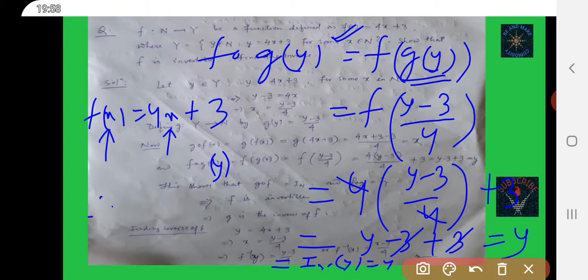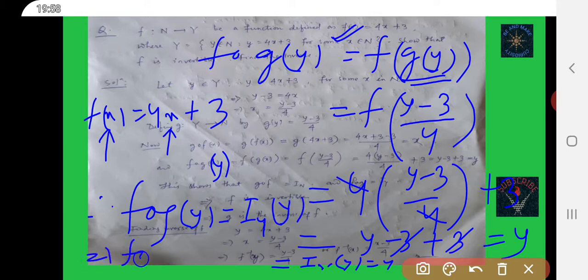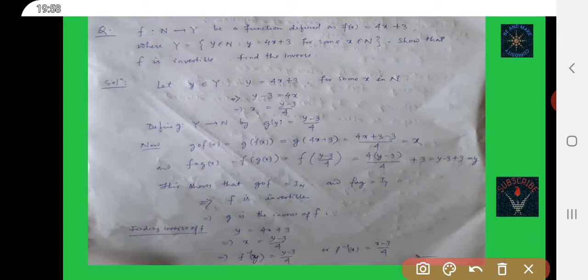So you can write fog of y is equal to I_Y of y, that is, fog is equal to I_Y. Okay, so now two conditions are satisfied. Here you remember, here y.